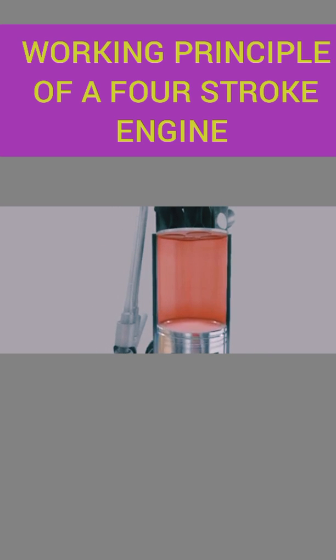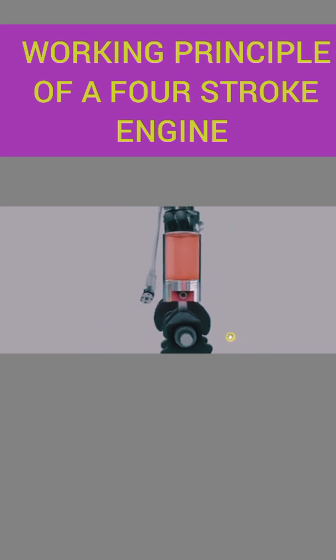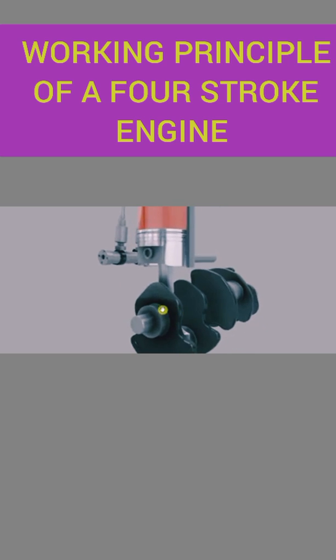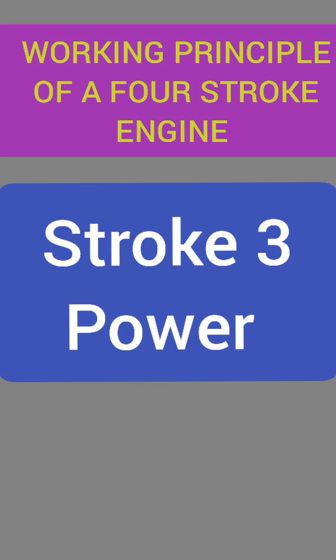With the energy from the hot air, it pushes the piston down, achieving the third stroke, which we call the power stroke. Now the three elements of combustion have been fulfilled. That's heat, oxygen, and fuel, which is what begins the power stroke.